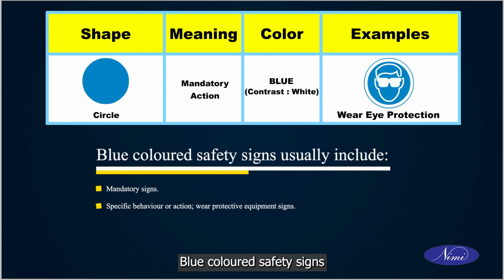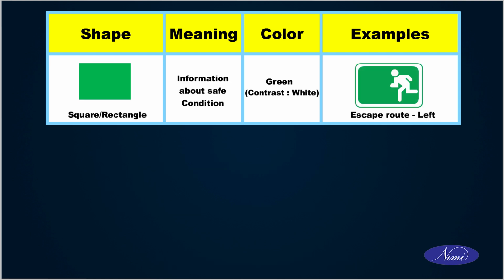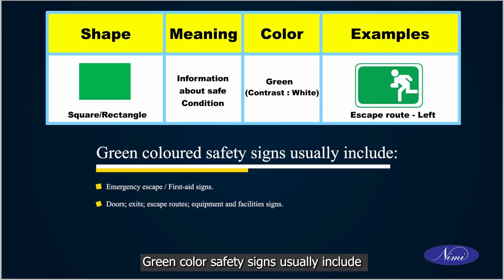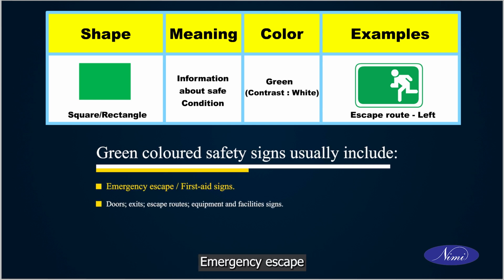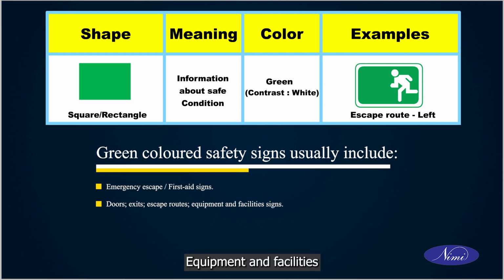Blue colored safety signs usually include mandatory signs, specific behavior or action, wear protective equipment signs. Green colored safety signs usually include emergency escape, first aid signs, doors, exits, escape routes, equipment and facilities signs.